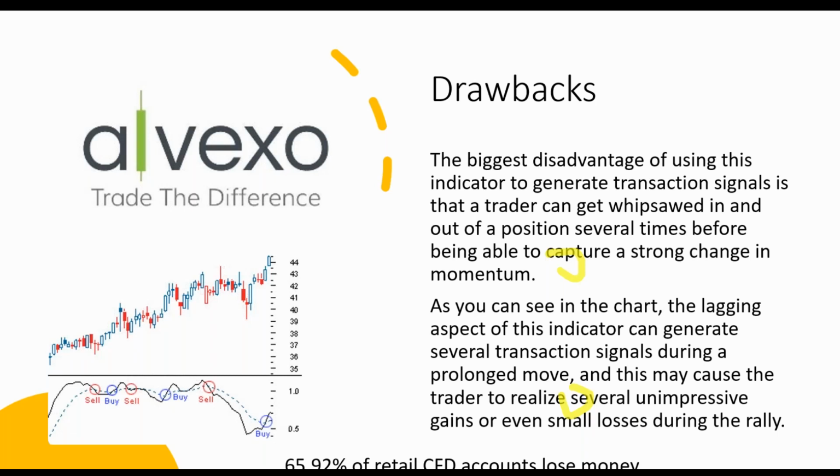See, MACD, when you get the crossover and it issues a transaction signal, it tells you to buy or sell. It doesn't tell you that it's going to move far enough in that direction for you to cover the spread and what price to get in the market and what price to get out of the market. So you can't use it to calculate risk reward ratios, and you can't use it because it's not going to tell you how far the price is going to move.